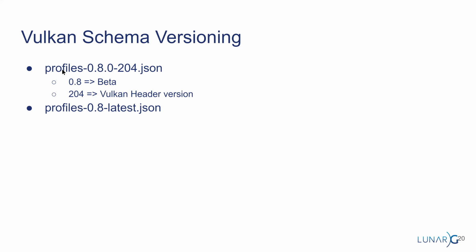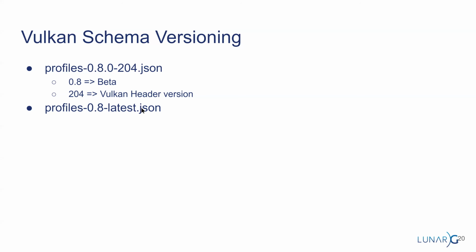Each schema file has the same sort of convention: it's called profiles, then there is a profile schema version, and then there is a Vulkan header version. Currently we call it 0.8 because it's beta, and when it becomes stable, we will call it 1.0. But we don't know yet when this will happen.